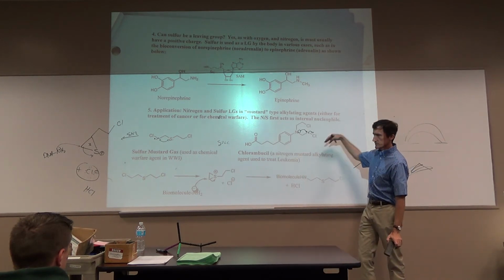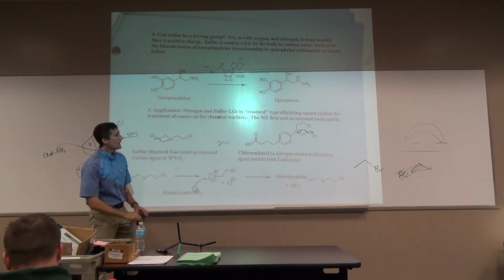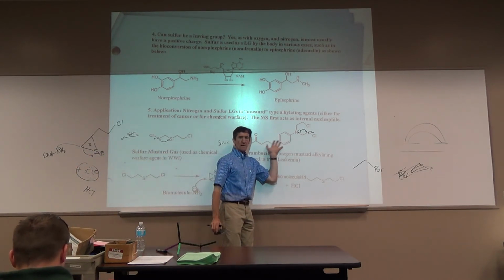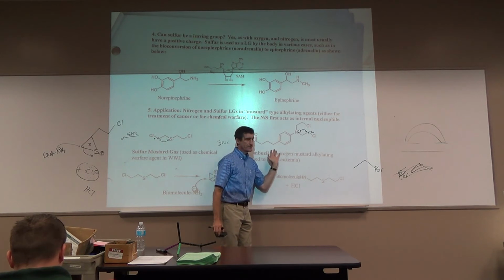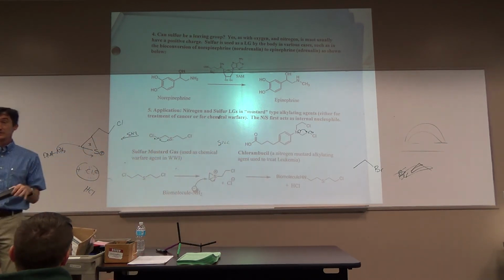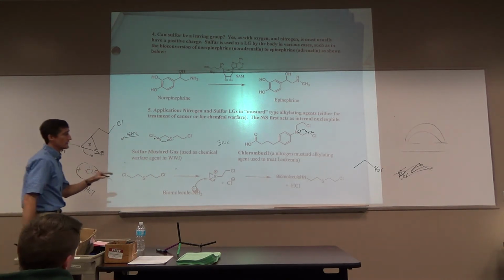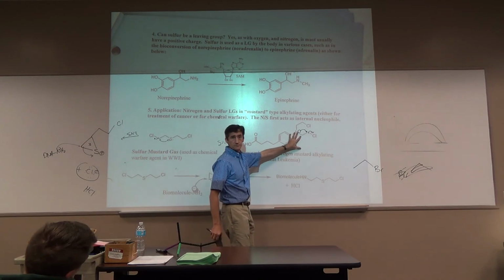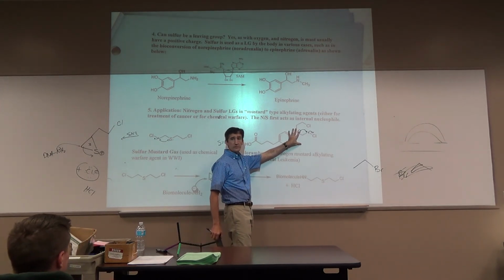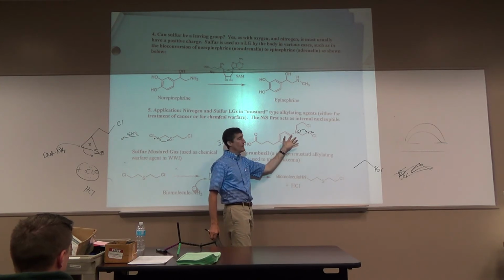Then biomolecules can start reacting. But if you give it in a controlled manner, with cancer, you want to kill the cancer. Problem is, some of these things aren't selective. If you can screw up the DNA of the cancer cell, it'll be good.